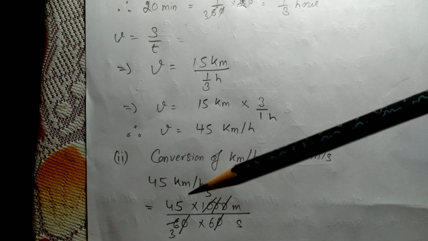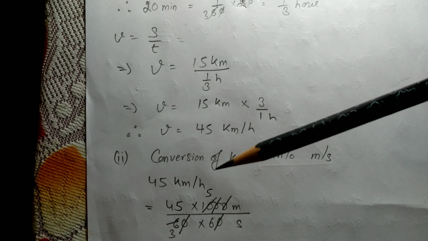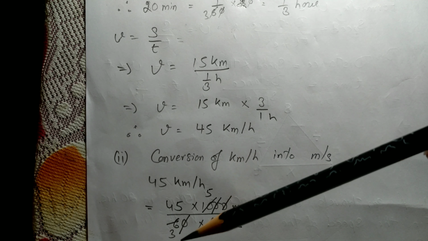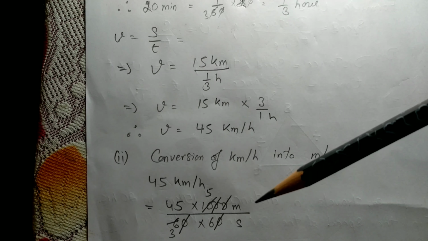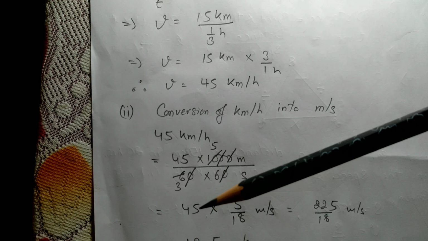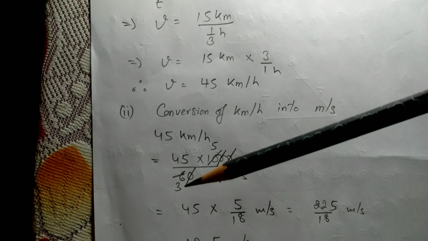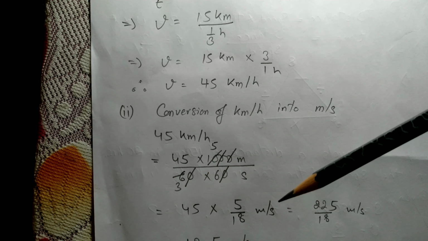So when we cancel it, 2 5s are 10 and 2 3s are 6, so further multiplying, I am getting 45 into 5 upon 3 into 6, 18 meter per second.